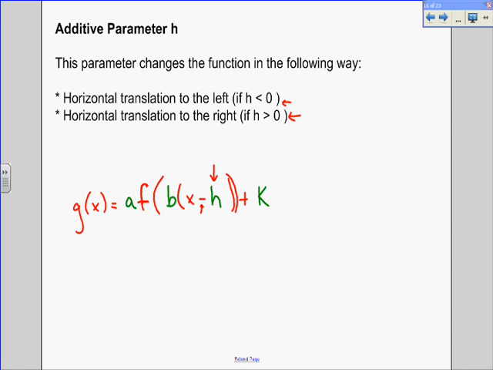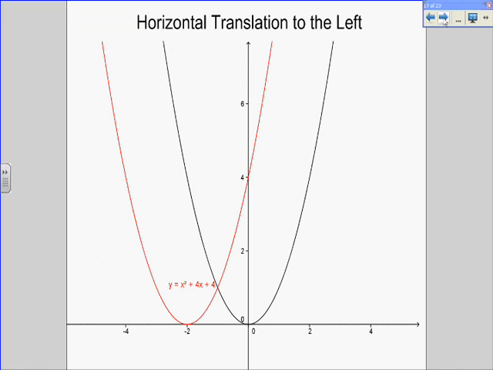So let's take a look at these two examples of this happening. Our first here, this function in black is y is equal to x squared. And this one here, it actually wrote it up for me, but this should be y is equal to x plus 2 squared. Okay, so it's got it expanded, but I actually want to look at it this way.